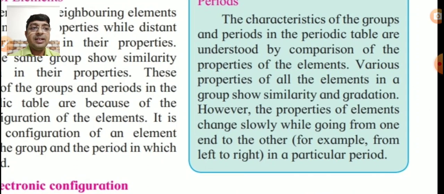Gradation means some changes occur in the properties of the elements from left to right or from top to bottom. However, the properties of elements change slowly while going from one end to the other, for example, from left to right in a particular period.